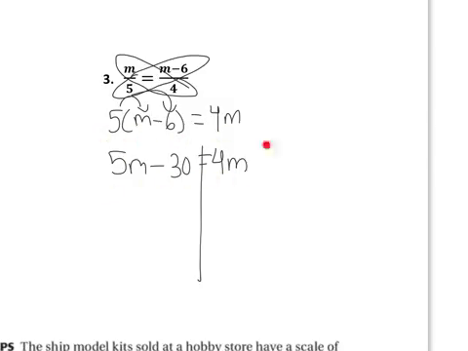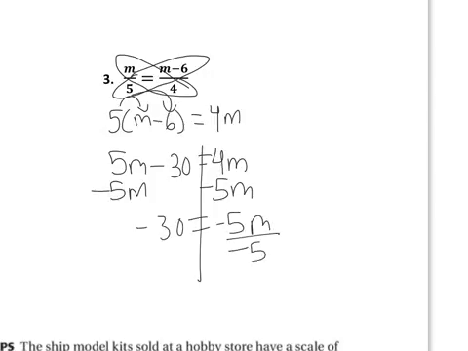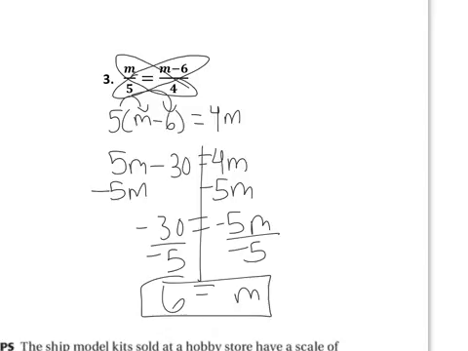So that means leave it alone, bring the 5 over. So you get negative 30 equals negative 5m. Divide by negative 5. M equals 6. Okay? So there we go with the cross products, okay?